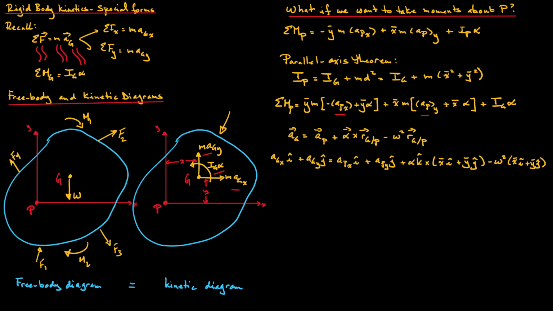And notice here that we're using x bar and y bar because this is essentially the distance between the point P and the center of mass G.